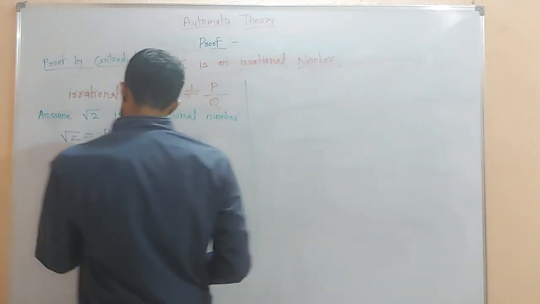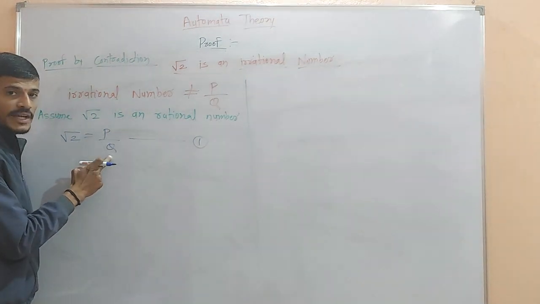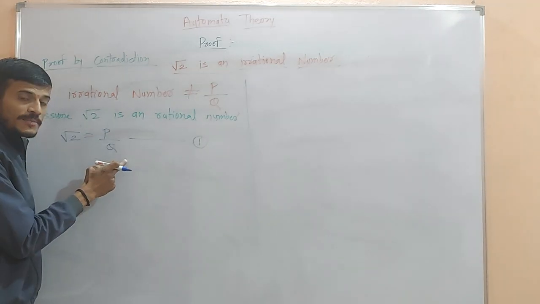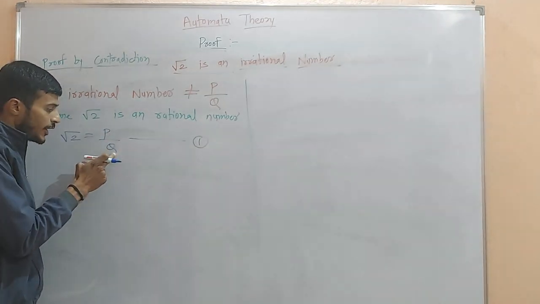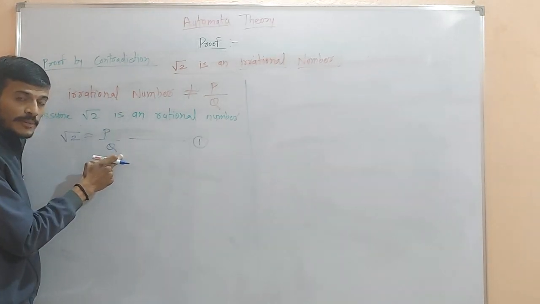Fine. So as I am taking p and q as numerator and denominator, there is a possibility that the numerator and denominator have some common terms or factors between them.